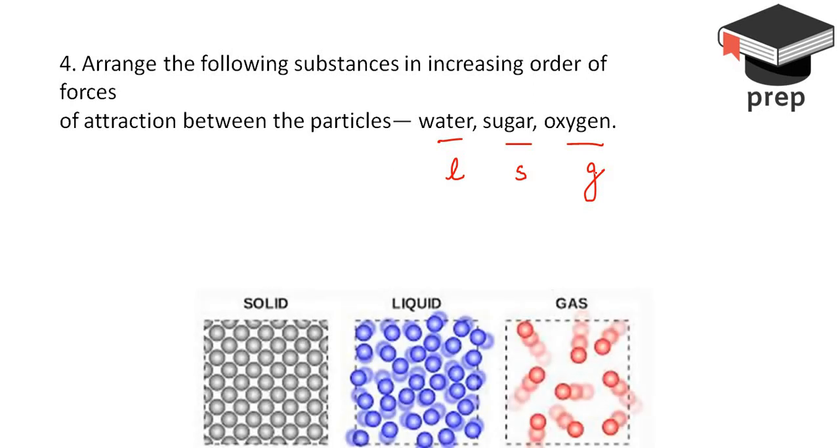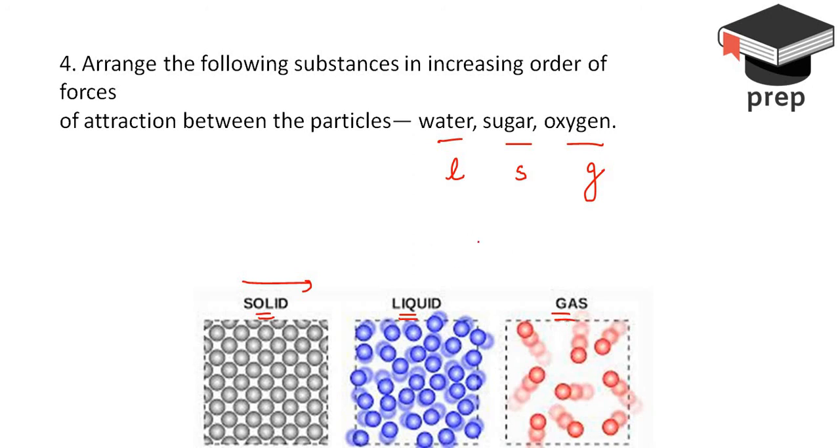Now, talking about the three different states of matter, solid, liquid, and gases, we all know that the forces of attraction between these particles basically decreases when you go from the solid state to the gaseous state. So it is maximum in the case of solids, then lesser than solids in case of liquids, and the least in the case of gases.